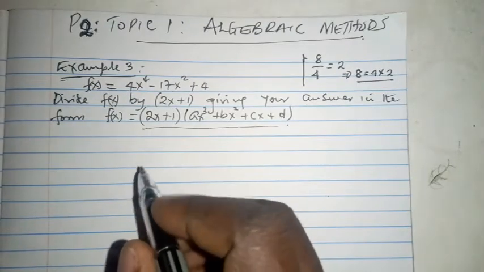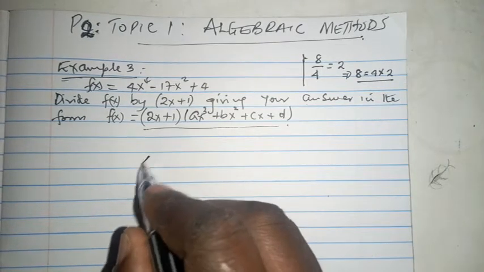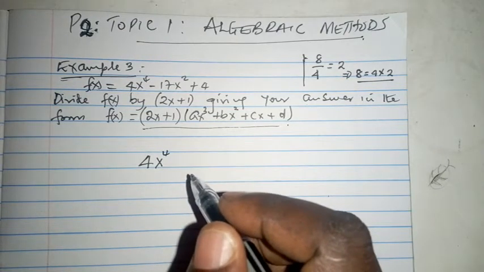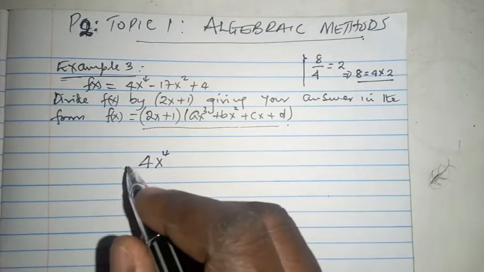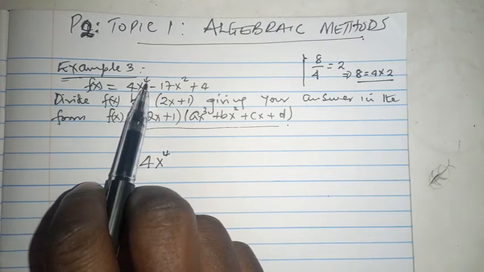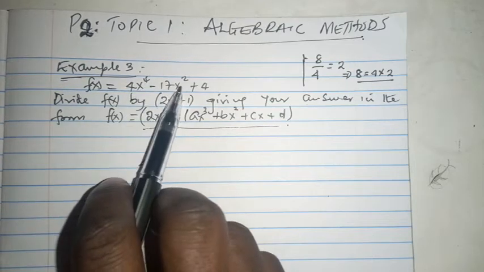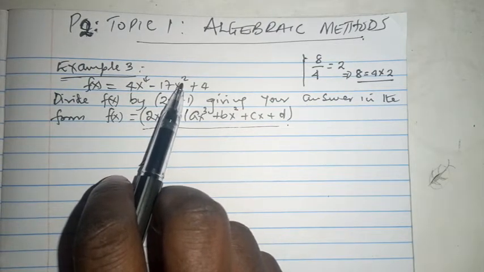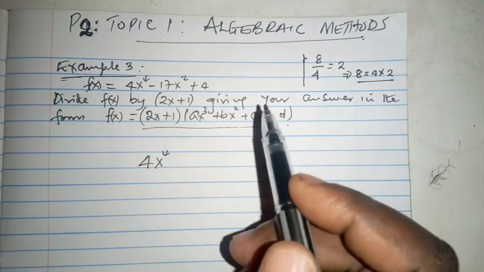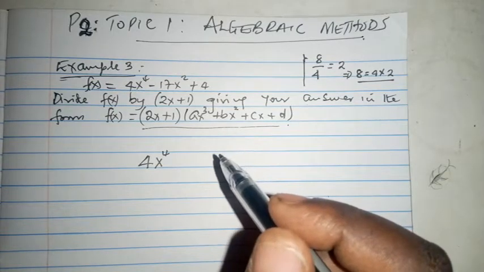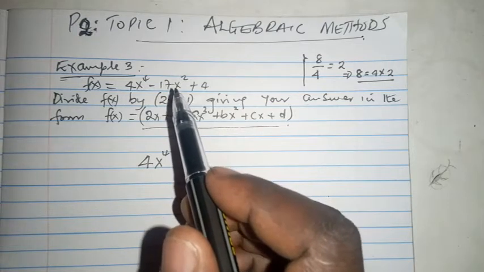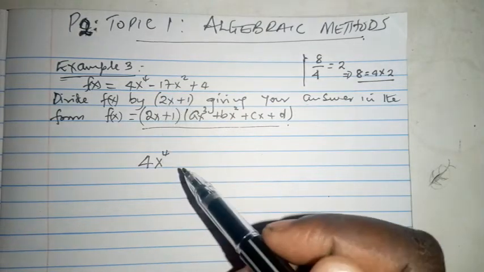The most important thing in this question, first of all, write the function there, 4x^4. And this is now where I want you to be keen, because you realize that the highest power of x is 4, and the next term has x to power 2. Remember, in this topic, if you want peace and if you want to work easy, let the power of the variable decrease systematically.